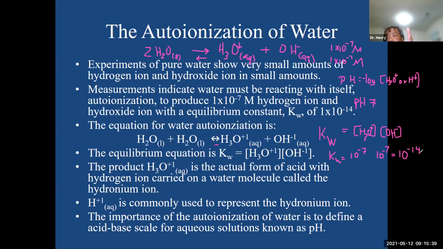So our pH scale is really based upon aqueous solutions. It's based upon being in water. So pH 7, we call it neutral because 7 is that point where water is at. That's going to be our neutral ground. If we have all of it being hydroxide, then this is going to be 10 to the 14th.